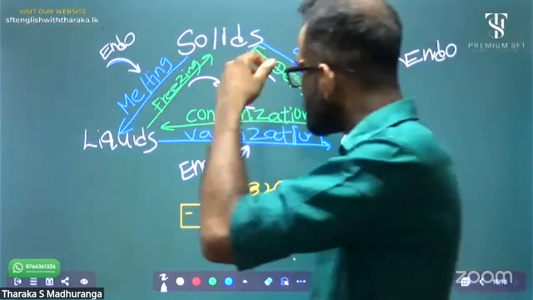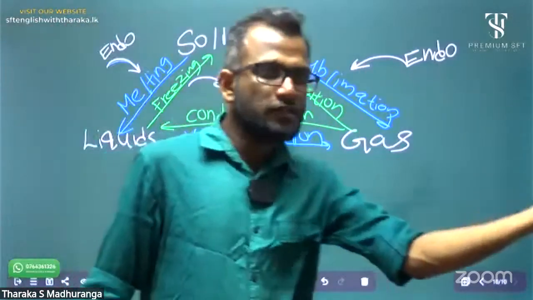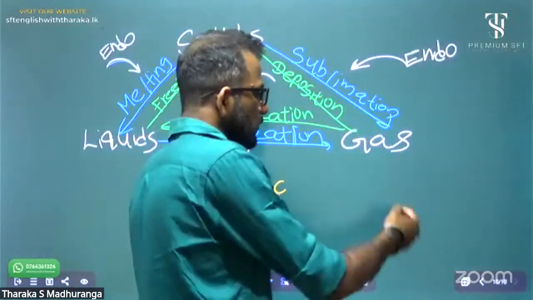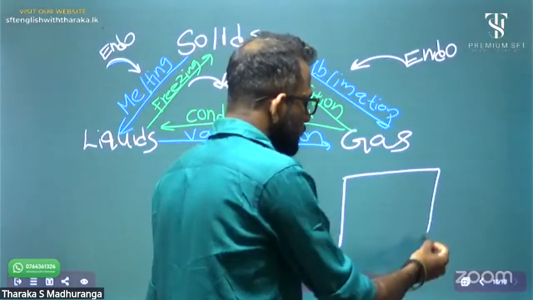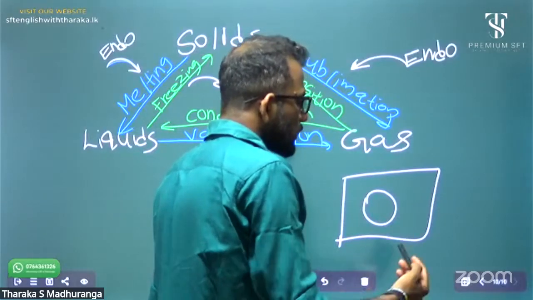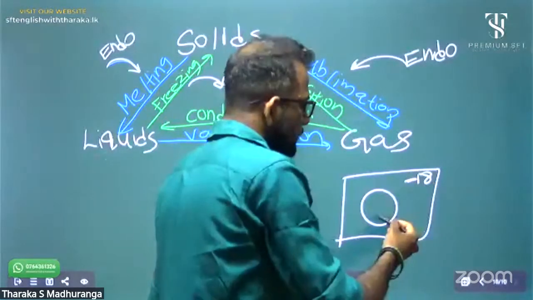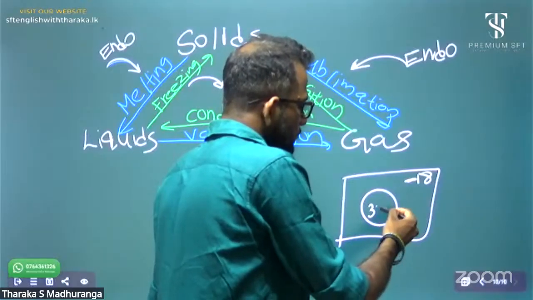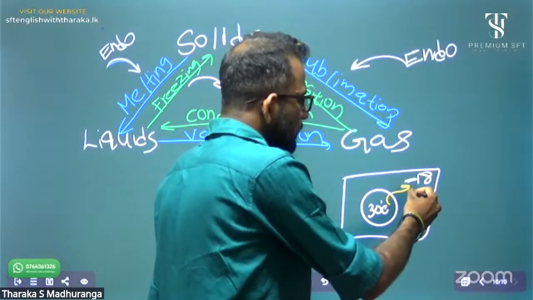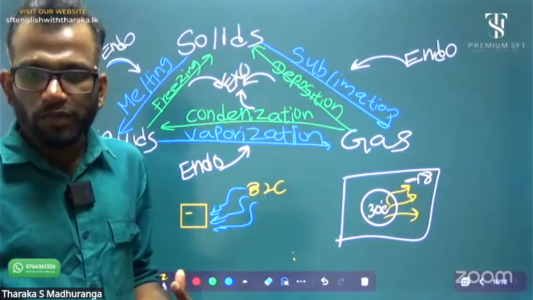Okay, how to remember? Understand freezing. Freezing means water converts into ice. Normally we need to place it in a freezer. Think it is water. The freezer temperature is minus 80 and the water temperature is 30. Now what happened? Heat always transfers from high to low. You understood?